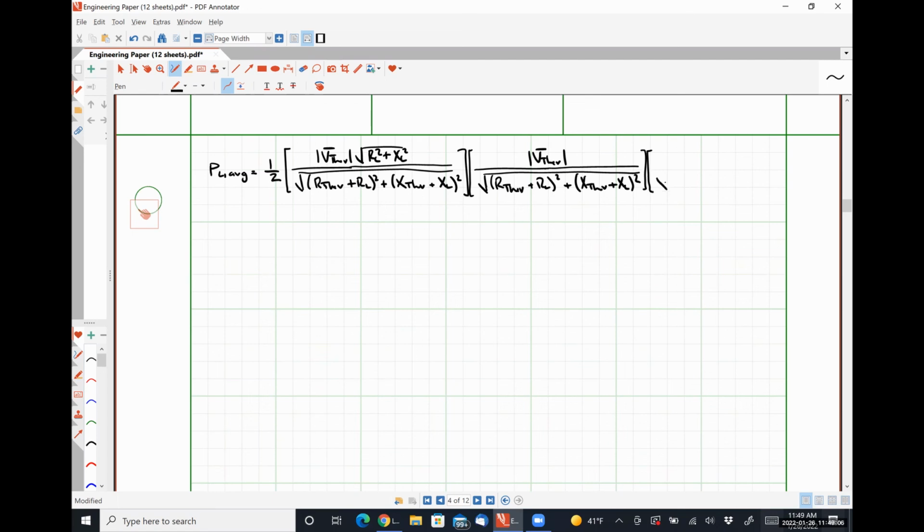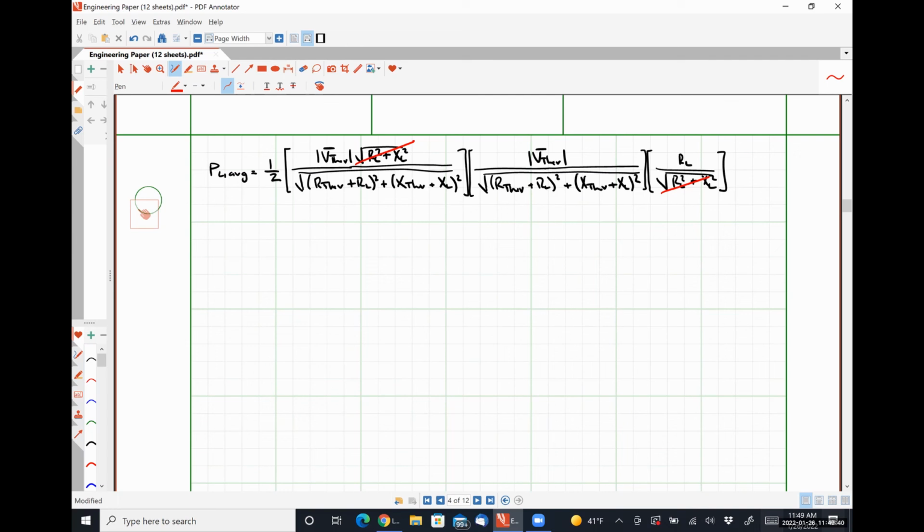So here I will have just the square root of RL squared plus XL squared, a factor of RL on top, and I can see this and this cancel out. I have the square root of some number multiplied by the square root of the exact same number, so those square roots are going to cancel each other out.